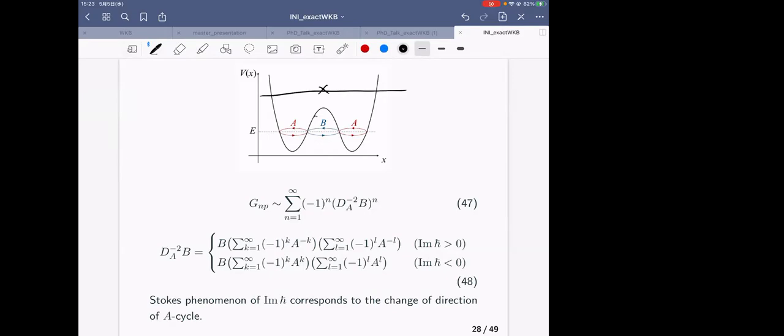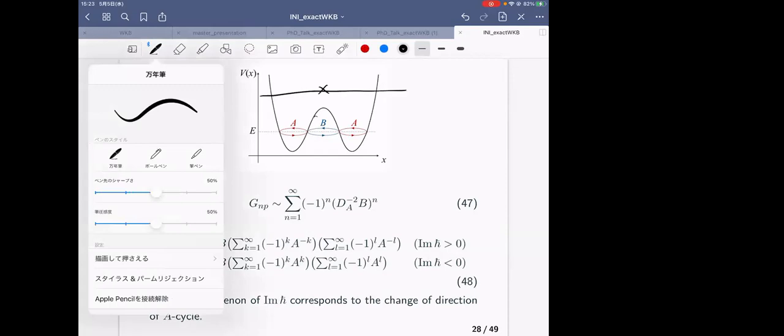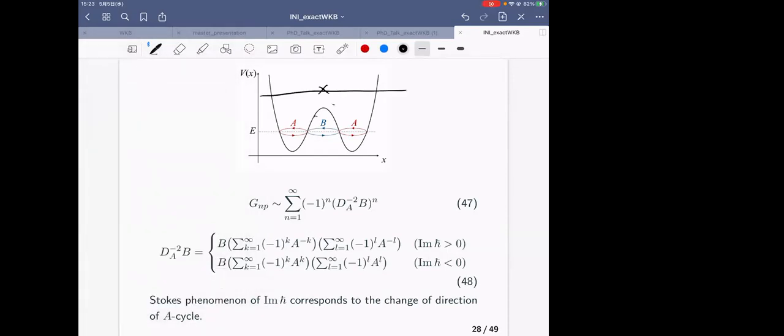For example, when we consider the cubic potential, in such a case we have to change the analytic continuation. In that case, the Gutzwiller formula is still valid. Valid, yes. Okay, thank you very much.